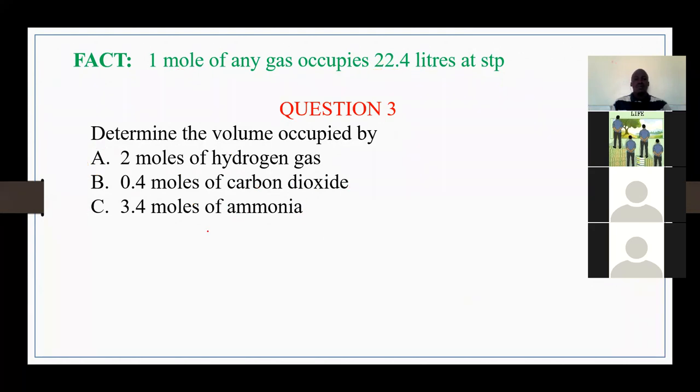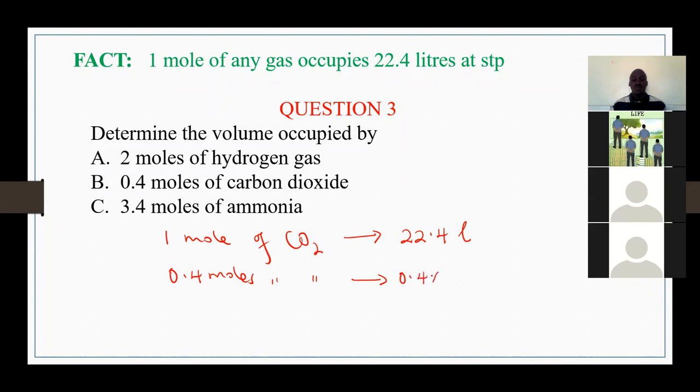Roughly 9. So if 1 mole of carbon dioxide occupies 22.4 liters, what about 0.4 moles of carbon dioxide? They will occupy 0.4 times 22.4 divided by 1.